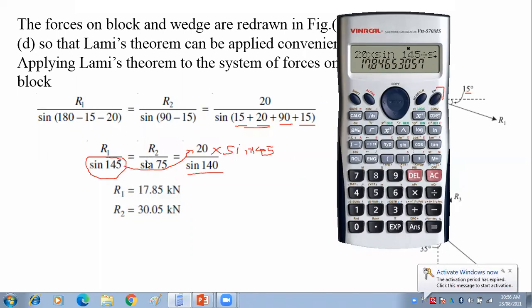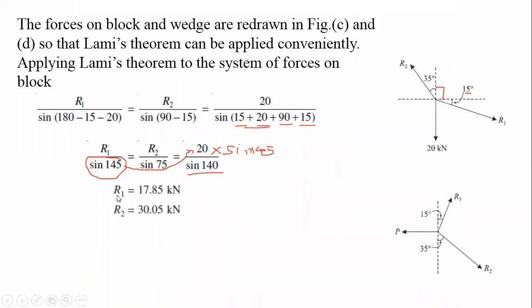Similarly for R2, let us take this sine 75 term to this side. What will happen? This 20 into sine 75 divided by sine 140, if you solve this one, 30, that is R2. From this we get the reactions R1 and R2 by using Lami's theorem.